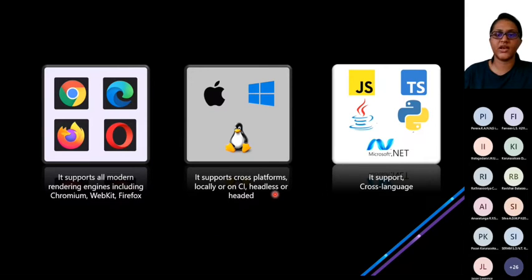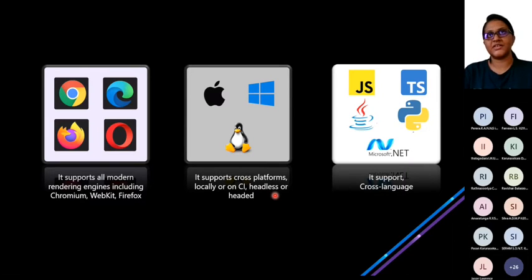And another thing is headless or headed. Normally, if you have used testing technologies, you have seen in the terminal things like 3 tests passed, 5 tests failed, right? But can you see what's happening in the browser? Sometimes you can't. That's what we call headless.